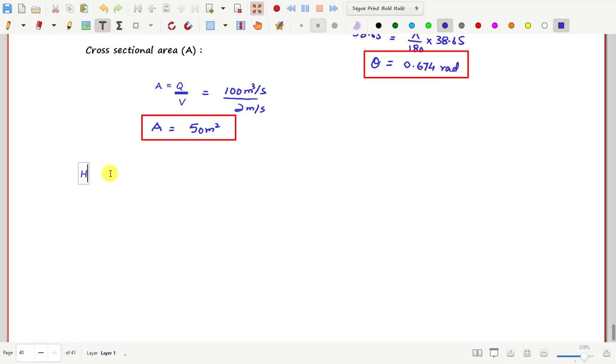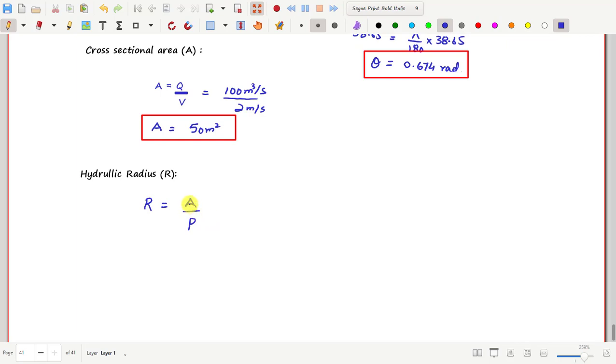We need to find hydraulic radius, which is represented with R. For hydraulic radius, we have a formula: hydraulic radius is equal to area divided by wetted parameter, right?